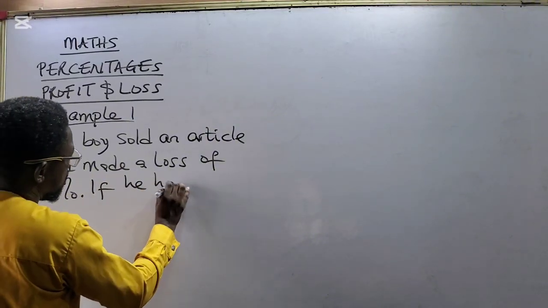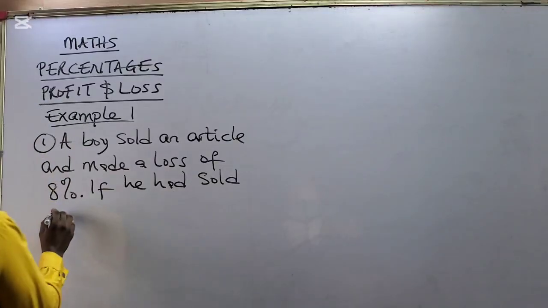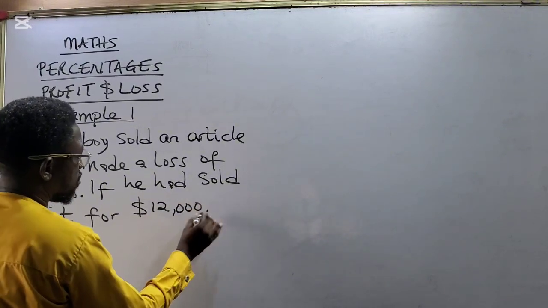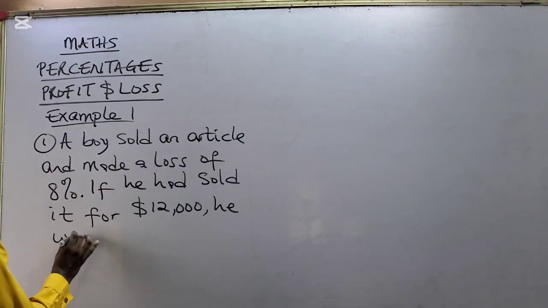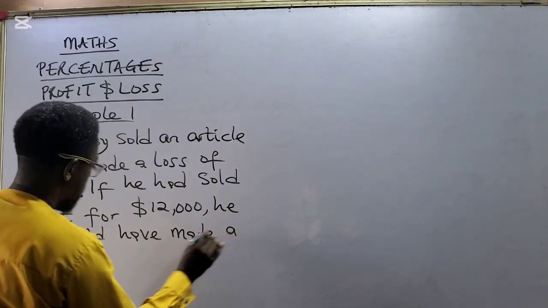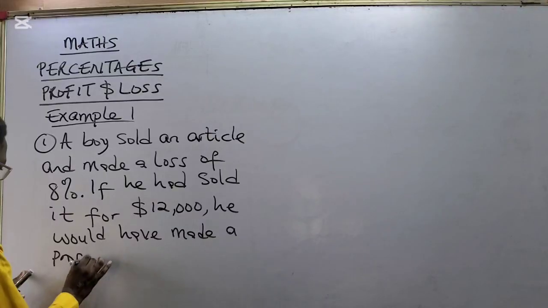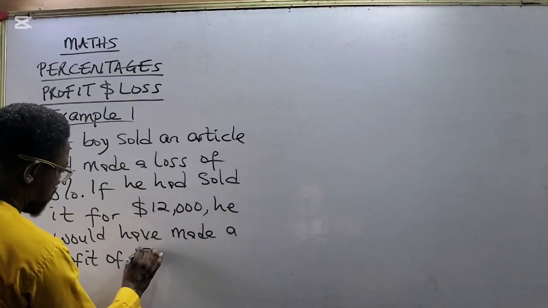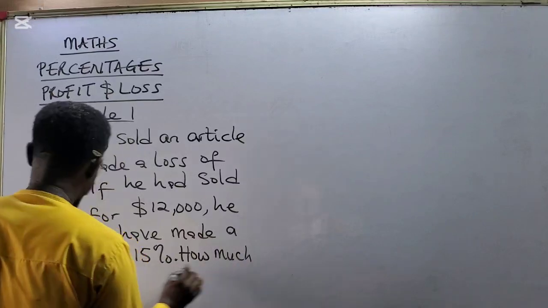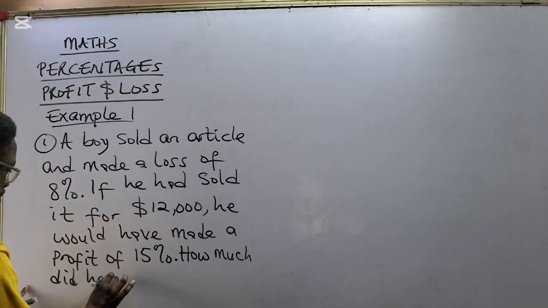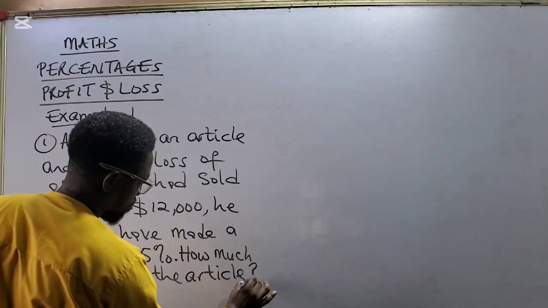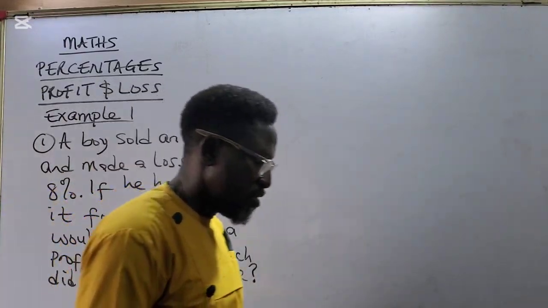If he had sold it for $12,000, he would have made a profit of 15%. How much did he sell the article?